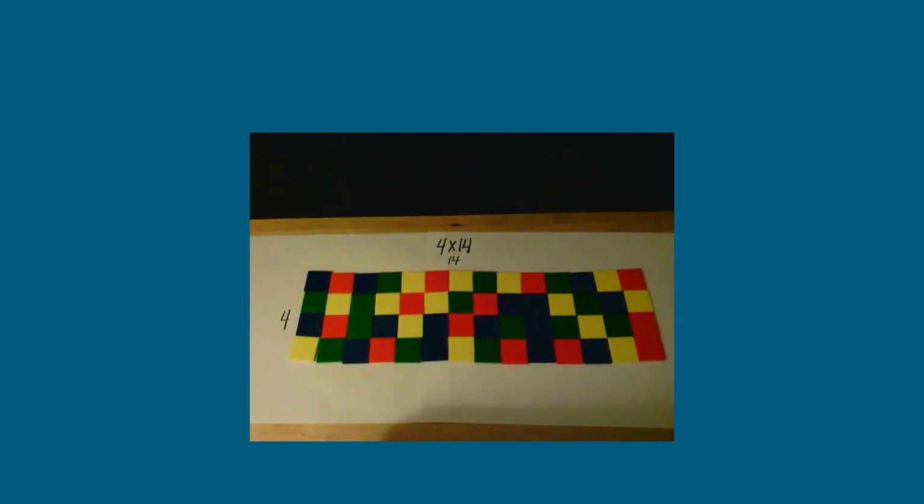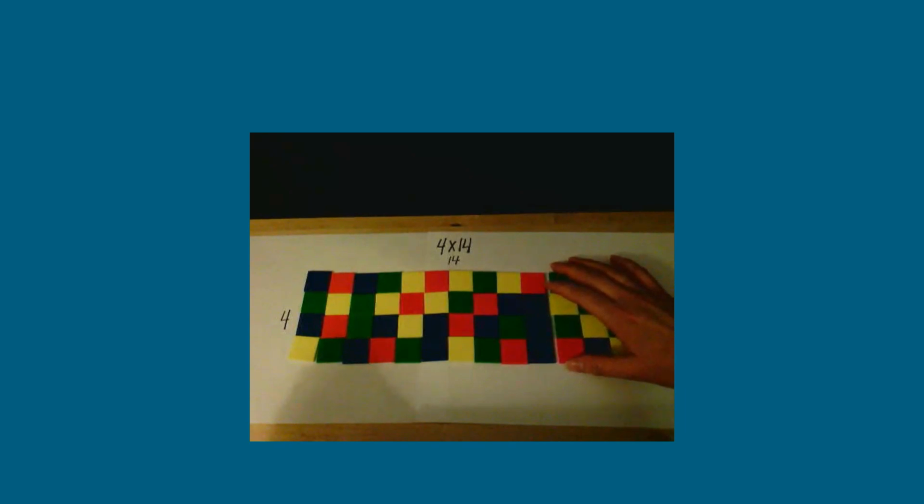So I'm trying to think of how I might split up that 14. And one way I'm thinking about doing that is to think about that 14 as 10 and 4, because 10 is a friendly number.